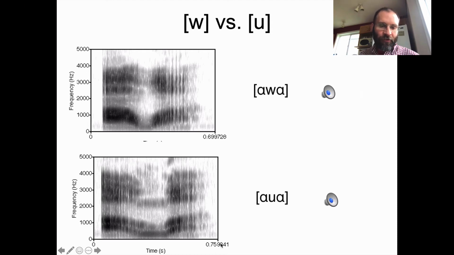Again, you have to infer the shortness of the glide here, because the overall spectrogram is shorter in the glide case than it is for the vowel case down here. And I get some nice creaky voice here at the tail end, but what else do you expect?